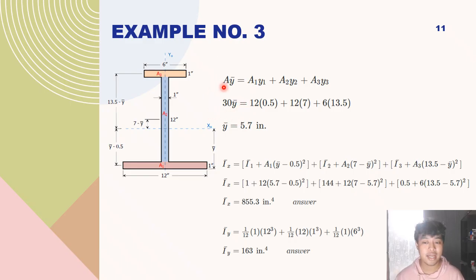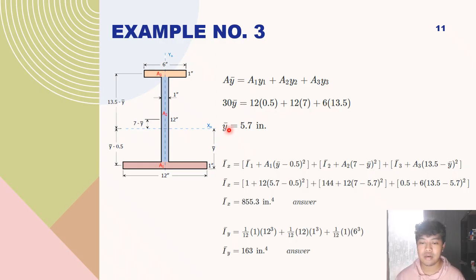So total area, we have here 12, 12, and 6, so that is a total of 30 square inches, times y-bar, equal to our first area, 12, times the y1, which is 0.5, plus another area that is equal to 12 square inches, times the perpendicular distance, that is 7, plus 6 times 13.5.